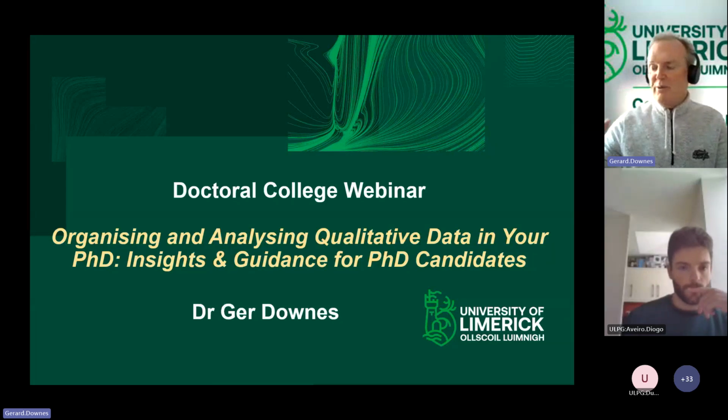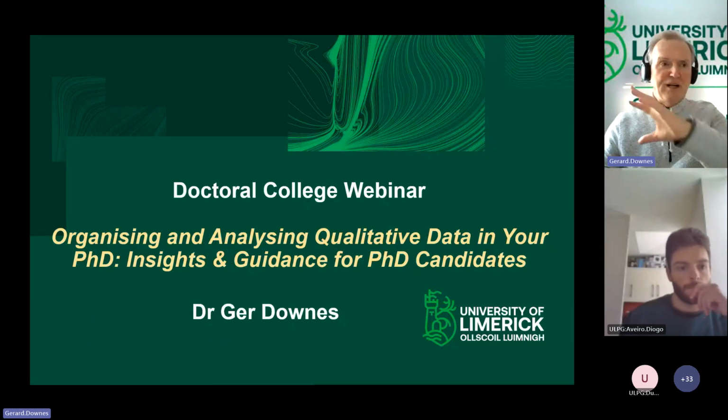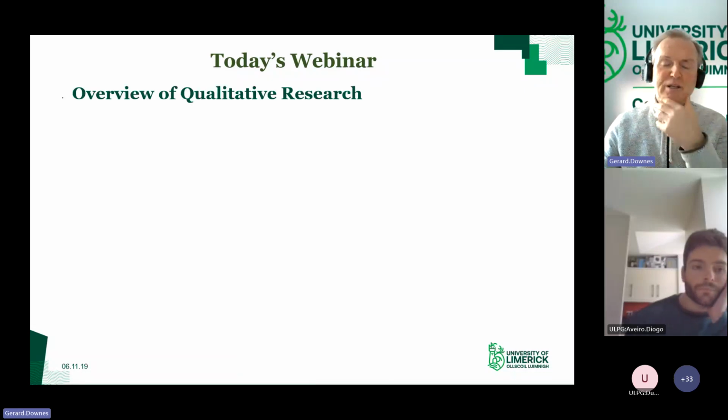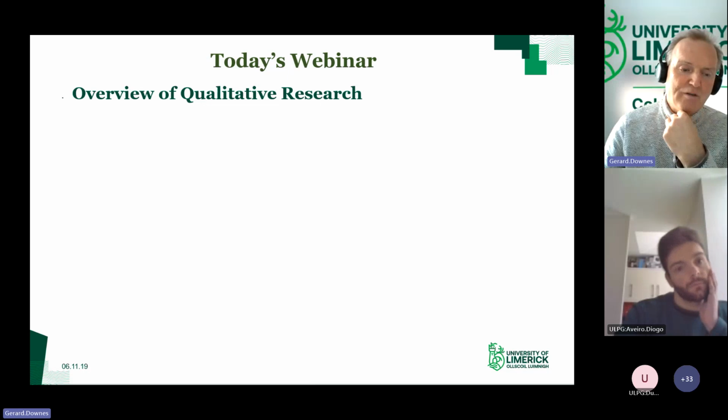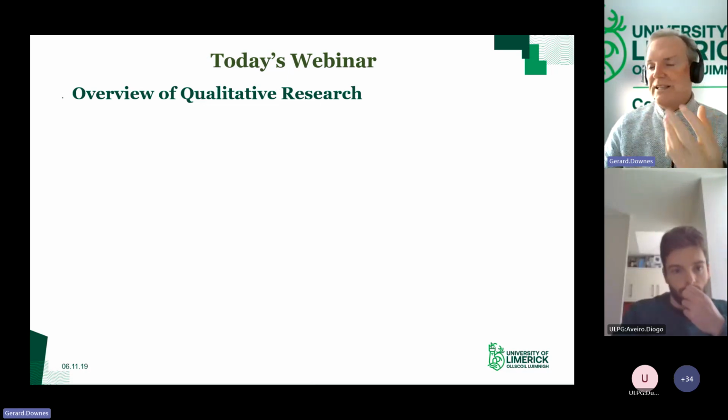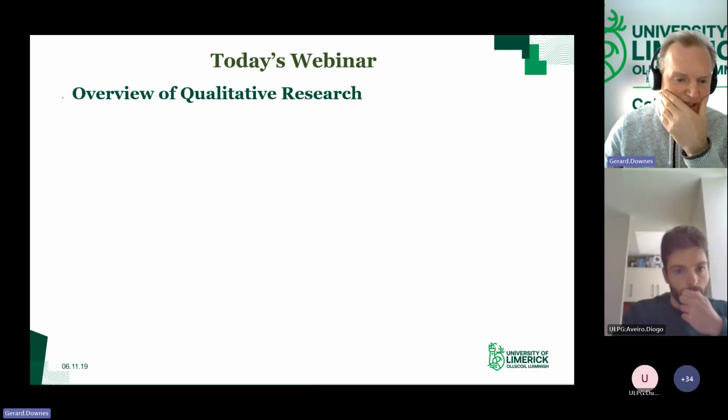First of all, throughout today's webinar, just the overarching themes that are there within the webinar itself, and that will just give you an idea of what to expect. So the first thing we're going to look at is just an overview of qualitative research. So we're just going to look at what's qualitative research, what's the importance of it.